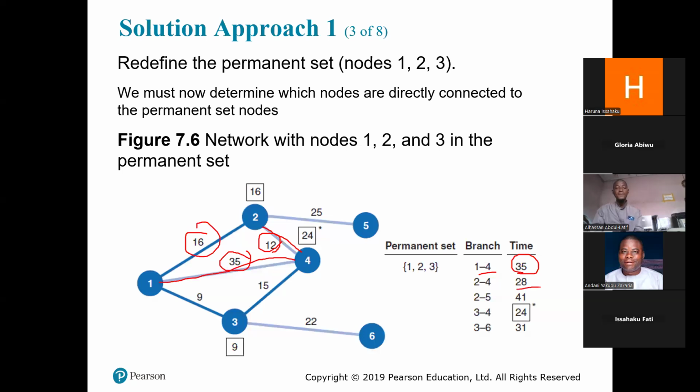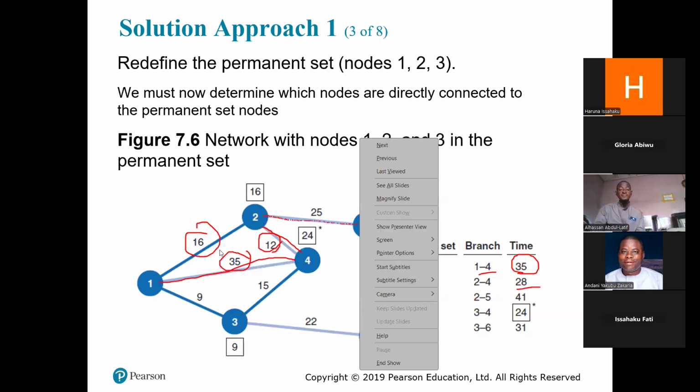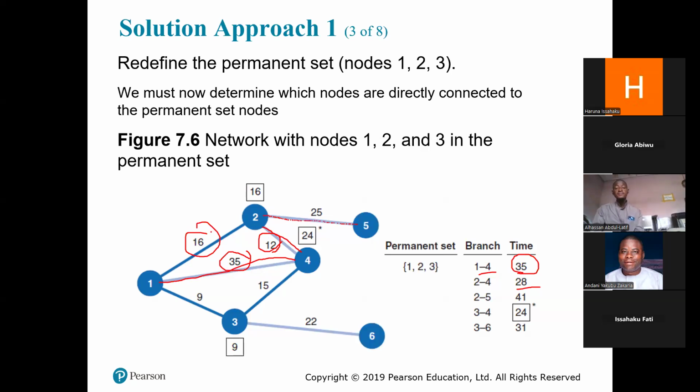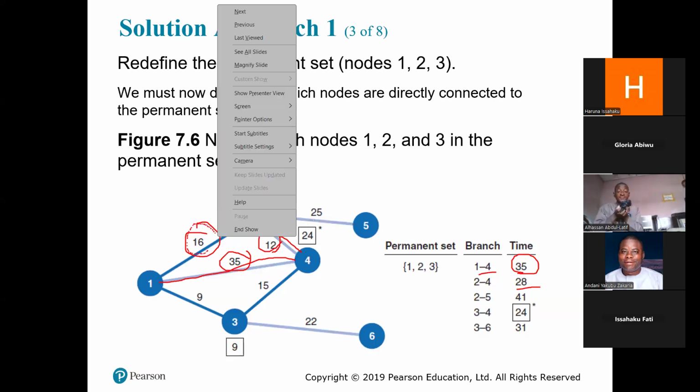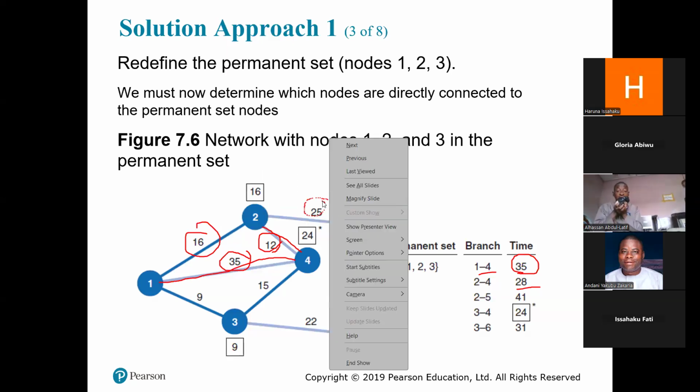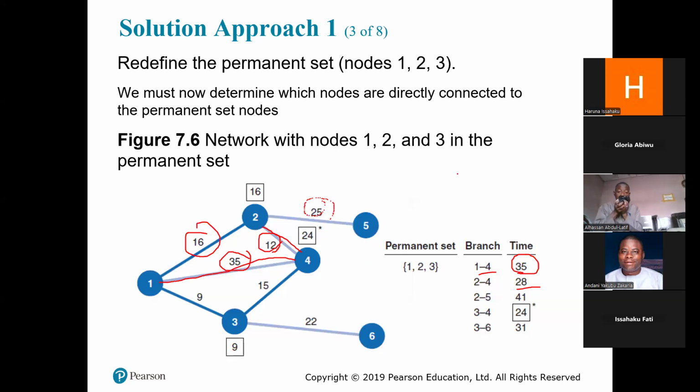So that branch is taking a time of 28. Then we look at the distance from 2 to 5. That one also is not direct from 1. So you have to move from 1 to 2 and from 2 to what? 5. So you have to add this 16 to what? 25, which will give you what? 41.